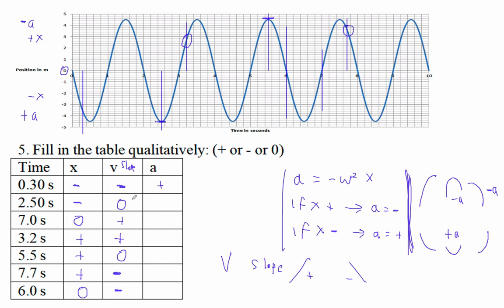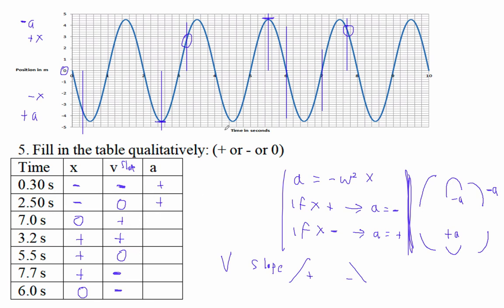Either way, right? Okay, 2.5 seconds. Well, this would be actually a maximum positive acceleration. Why? Because the x is at a maximum negative value, and a is negative omega squared x, right? So if x is a maximum, a is a maximum. Okay, in this case, it's positive because we would be accelerating toward that. The other way to know it's positive is that this is upwardly concave. This graph smiles at us, right?